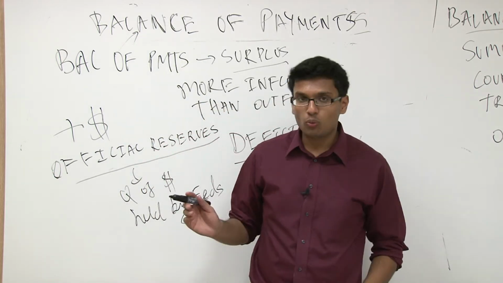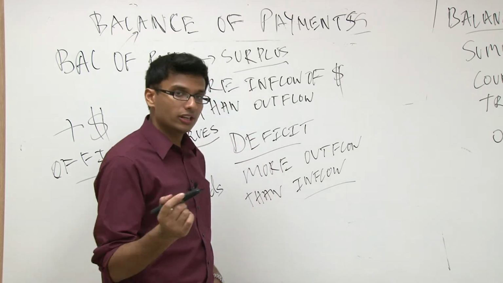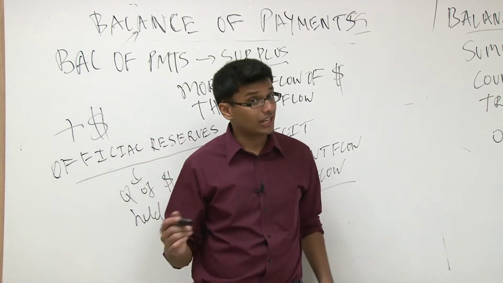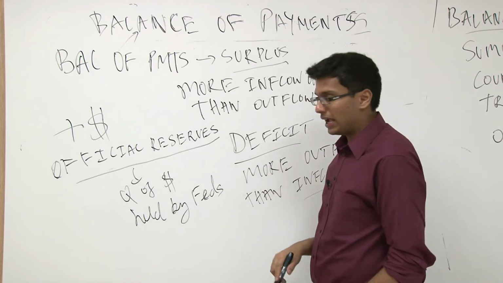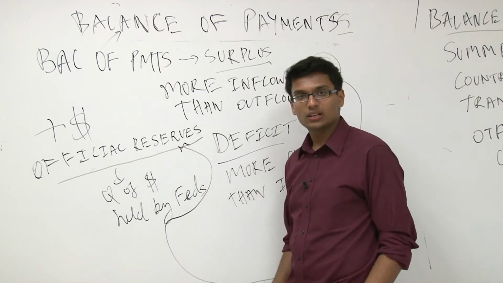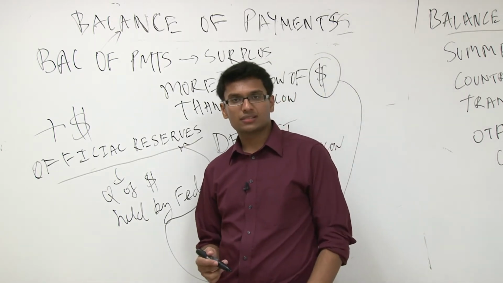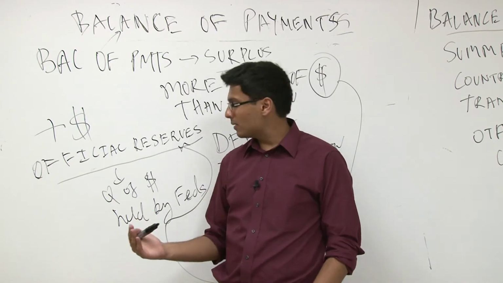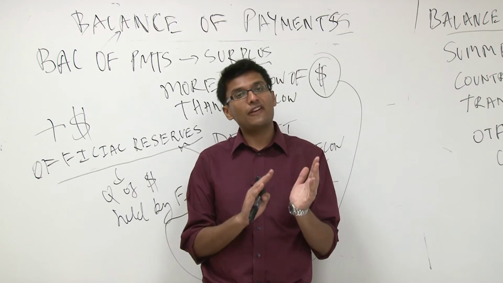And they say, hey, you know what? We have a surplus of money coming into the US. What we're gonna do is we don't want a surplus or a deficit. So we're gonna use this money, this inflow of money, and we're gonna transfer it to the official reserves, right? Now, why would they do that? Why would they want to make sure it's correct? The balance of payments is a very intricate balance because it affects a lot of other things.